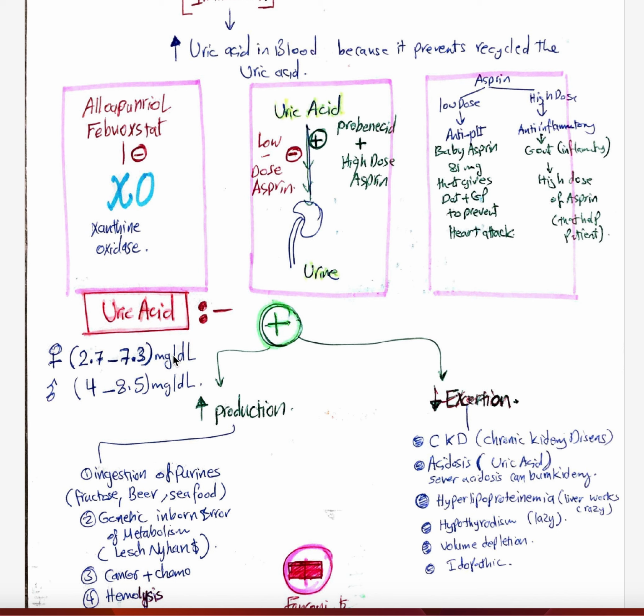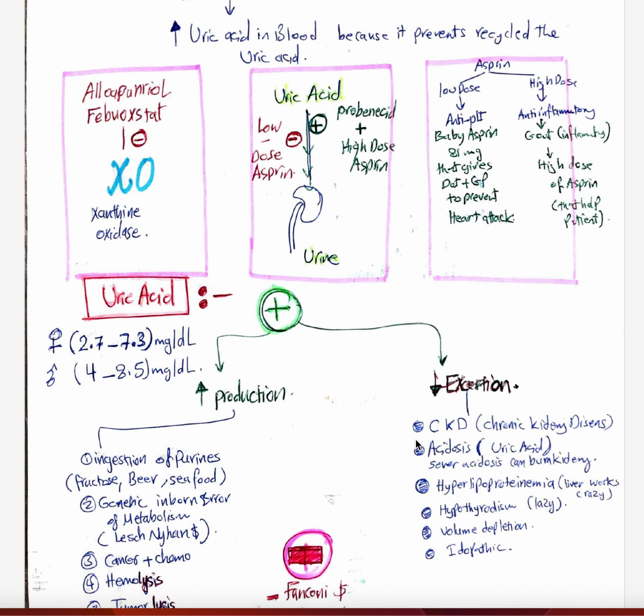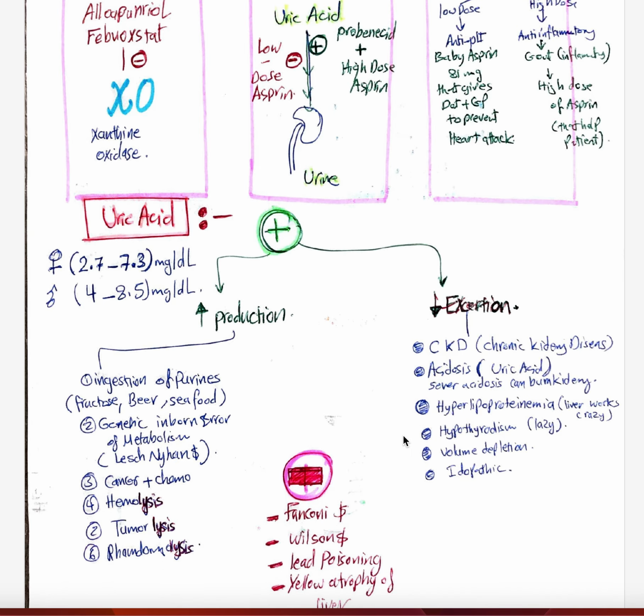These are the normal levels of uric acid. And what are the reasons related to increasing uric acid in the blood? Maybe the first thing is increased production, or reduced excretion, and we also want to know the diseases.